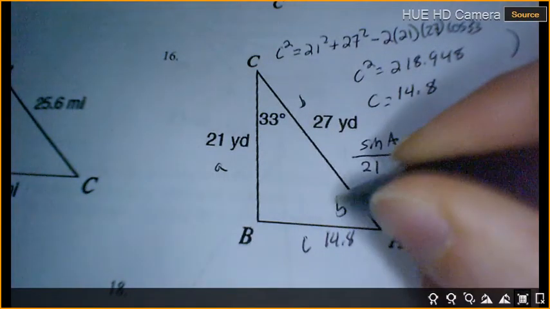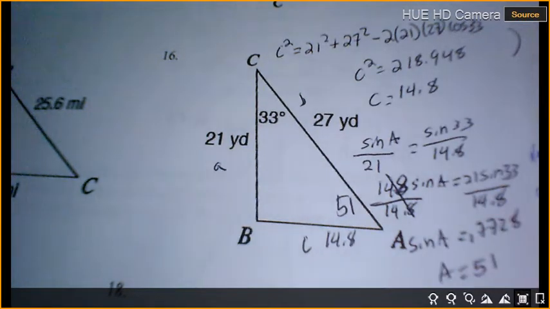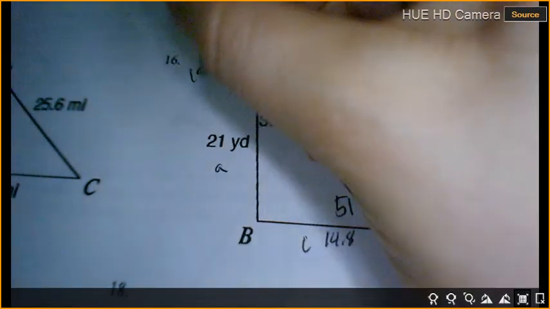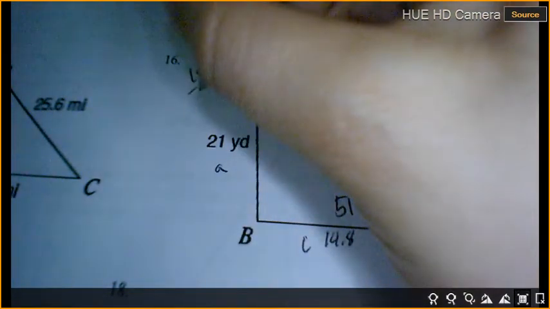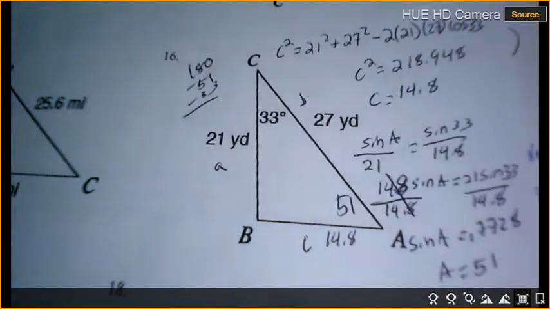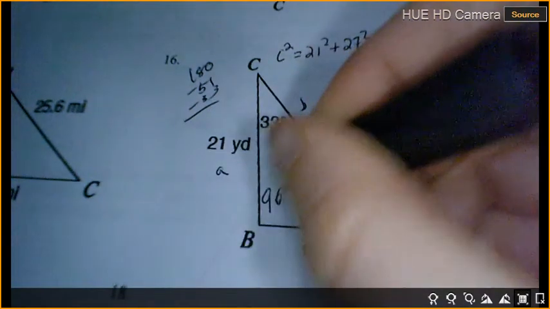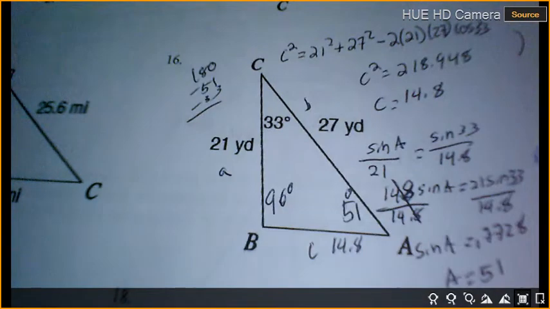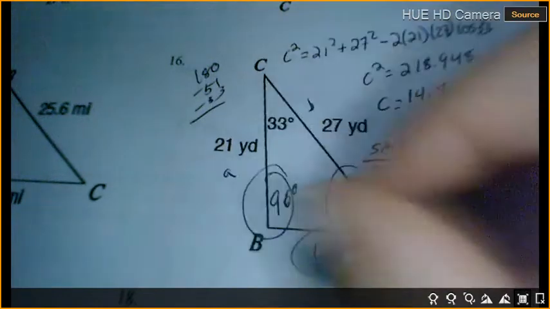Now, how do I find angle B at this point? So I can just go 180 minus 51 minus 33 to get my answer. I don't have to do a whole other sine function. That gives me 96. And I'm done. I've got 1, 2, 3 things I found.